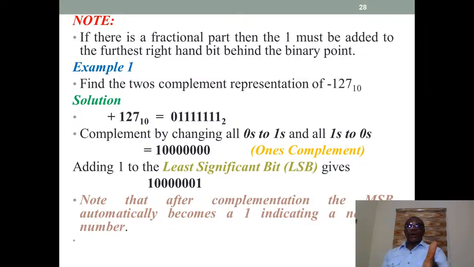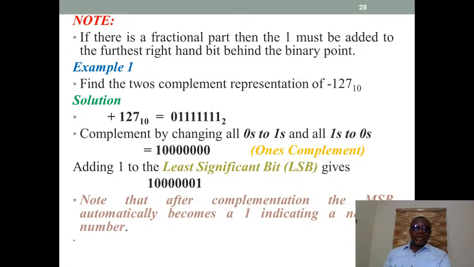Let's take, for example, say find the two's complement representation of minus 127 in base 10. Now, what you do is you first convert the positive equivalent of 127 to its binary equivalent.